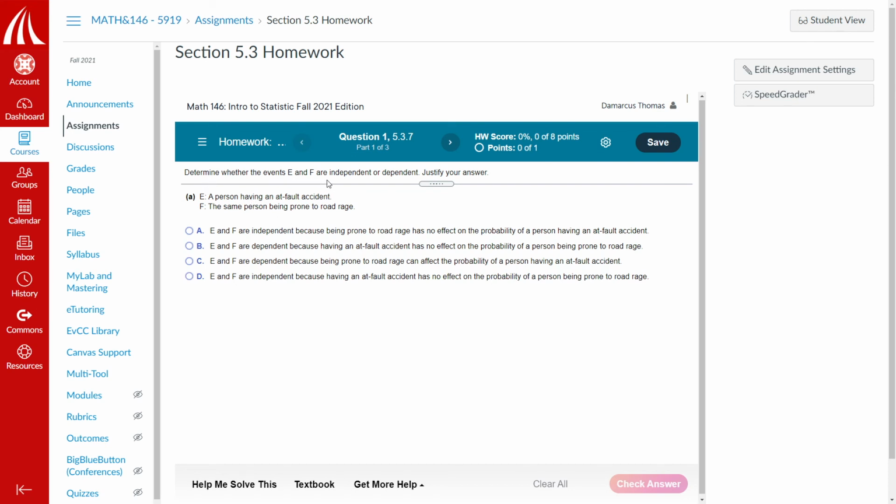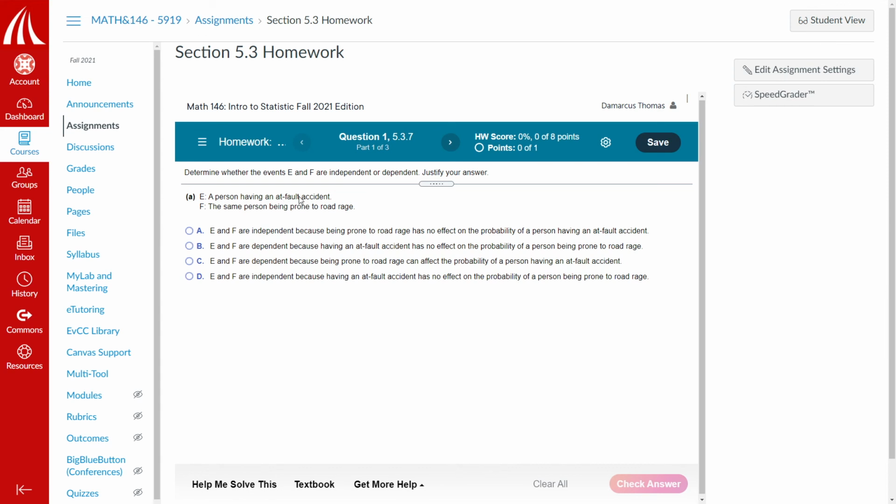Determine whether E and F are independent of each other. A person having an at-fault accident and then the same person being prone to road rage. Interesting.